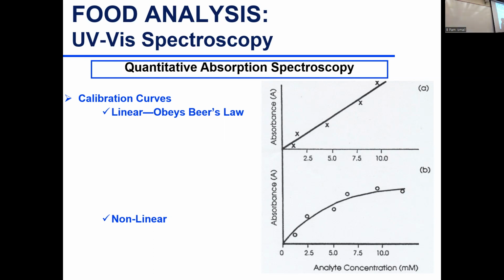You do not want to measure absorbance of a compound where you have a curve like this, because it is not a good prediction, or Beer's law does not apply. So you want to see where you have linearity and make sure your concentrations are within that particular range, where you have a nice R squared for the linear relationship between the absorbance and the concentration.